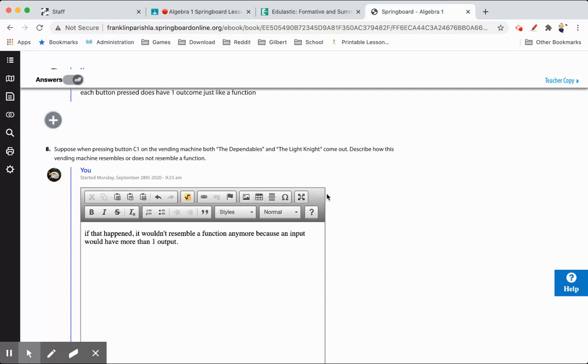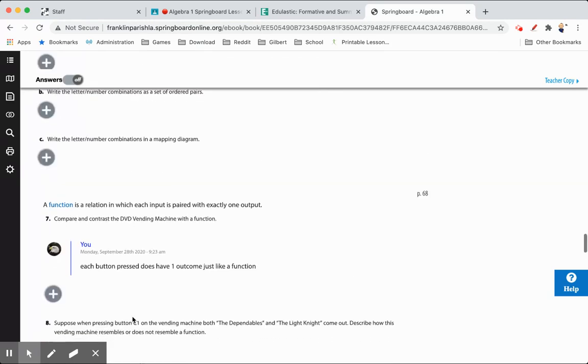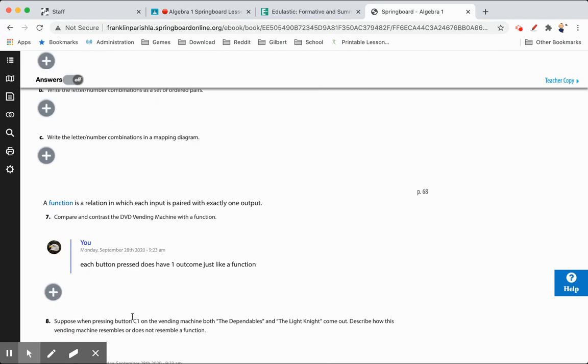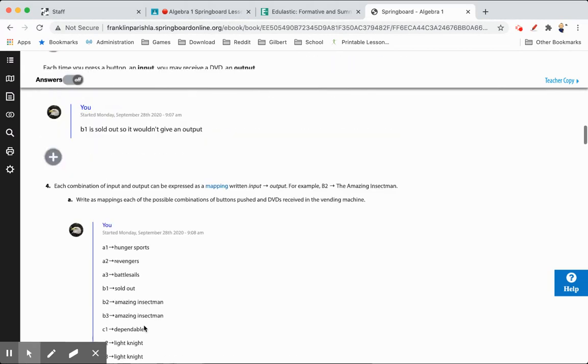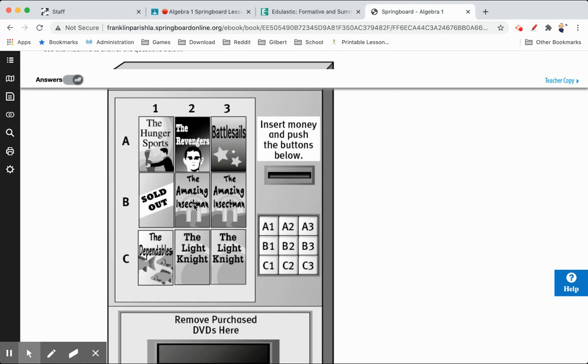Okay, if you have your inputs and more than one thing happens when you press that input or put in the input, that is not a function anymore. Okay, and that's the difference. As long as you can put in one thing and get out another, a 1-to-1, or even if you press a couple of things and get the same thing, like yes, we did press B2 and get the amazing insect man.